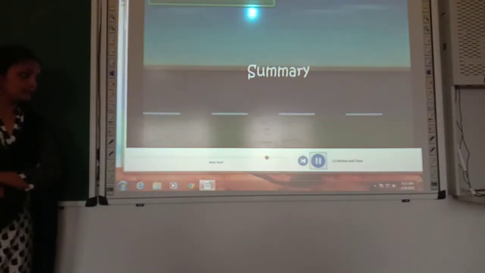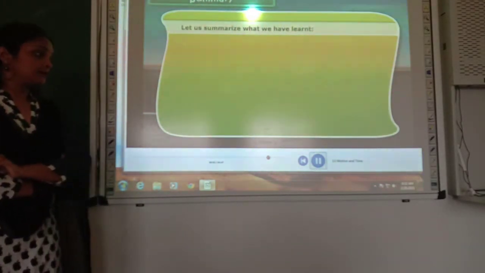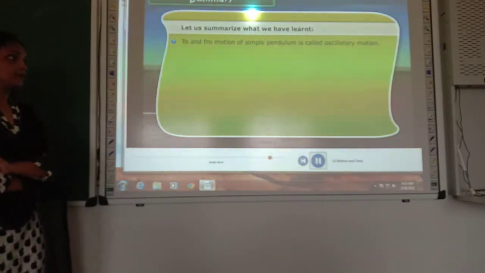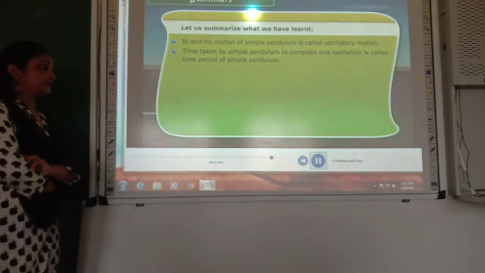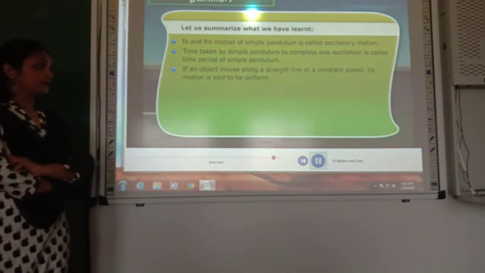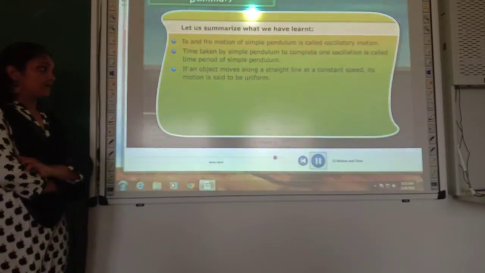Summary. Let us summarize what we have learned. To and fro motion of a simple pendulum is called oscillatory motion. Time taken by a simple pendulum to complete one oscillation is called the time period of a simple pendulum. If an object moves along a straight line at a constant speed, its motion is said to be uniform.